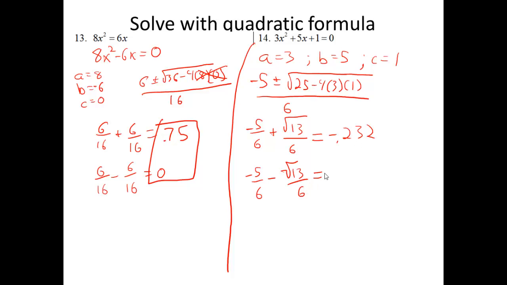And here we'll get negative 0.6 minus 5. Negative 1.44.